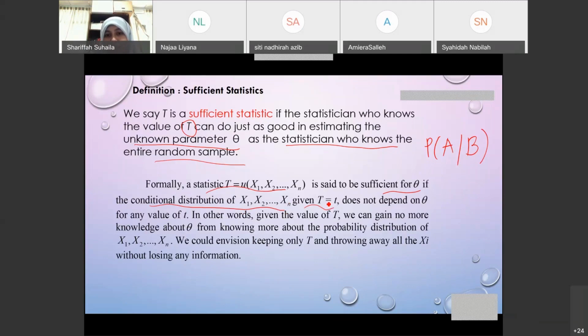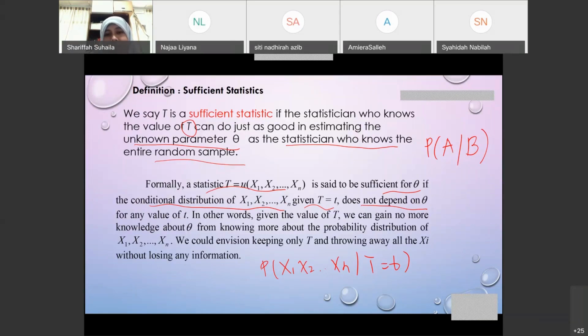When the conditional distribution of X1, X2, Xn given T does not depend on theta for any value of T, that means if we compute this conditional probability, probability of X1, X2, Xn given T, it does not depend on theta.